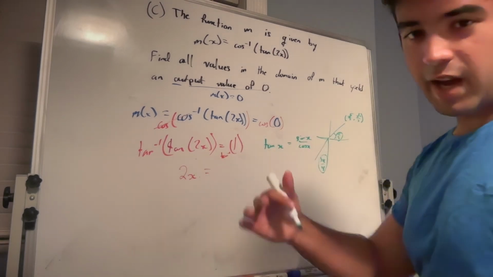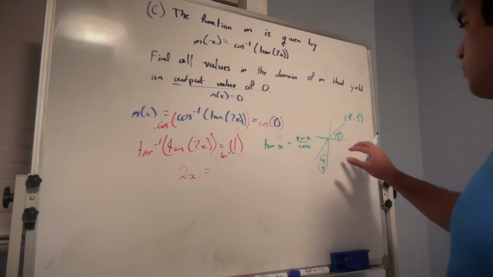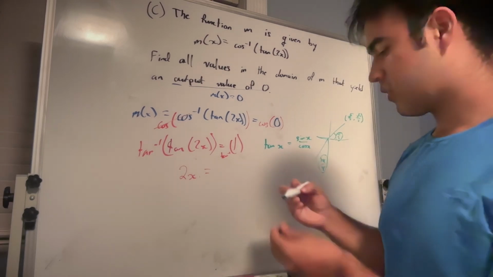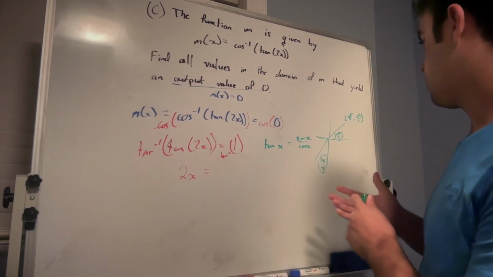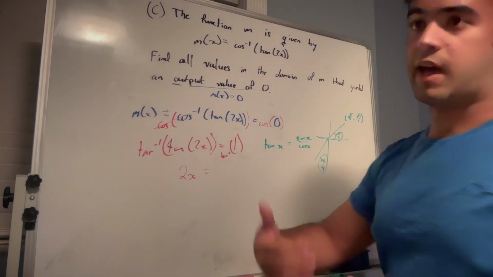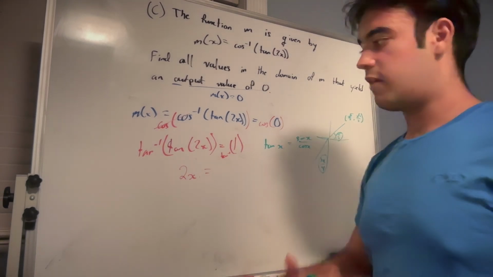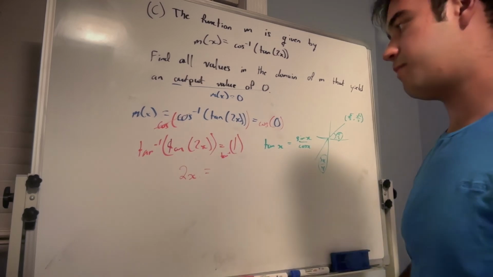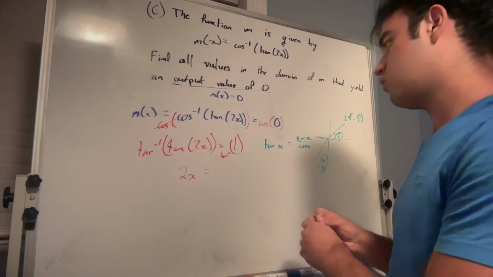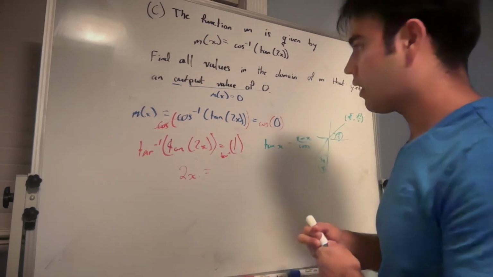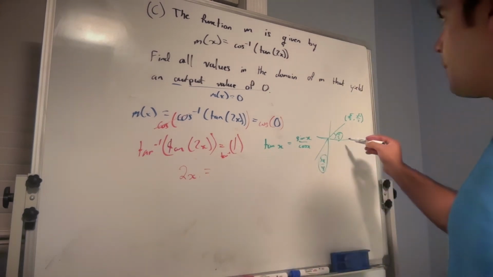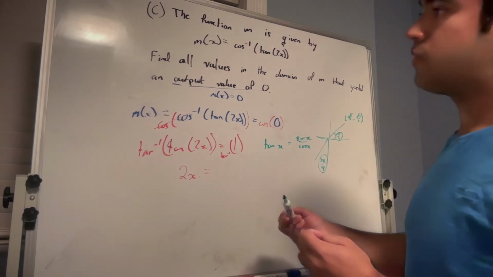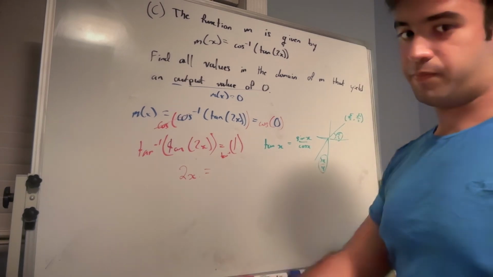And if you continue adding pi to pi over 4, you'll continue having angles that if you plug them into tangent, you'll get 1. So if you're given tangent of 9 pi over 4, for instance, you would be getting the same value as if you plugged in pi over 4.